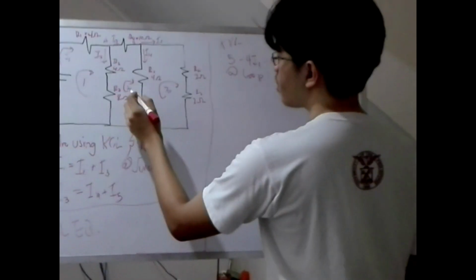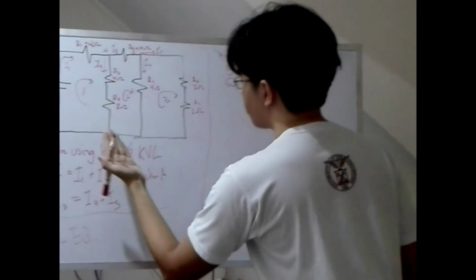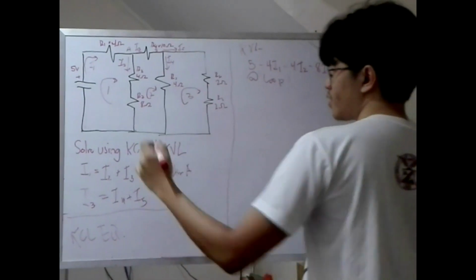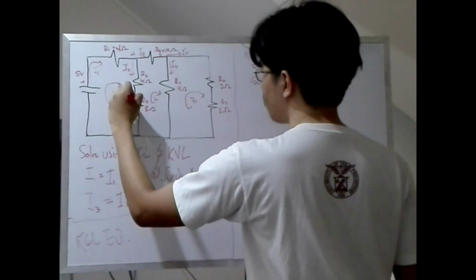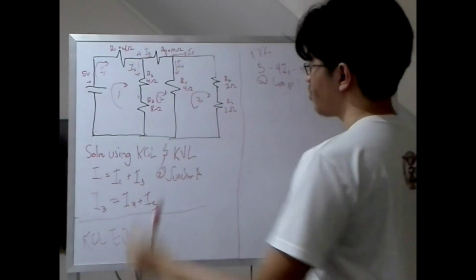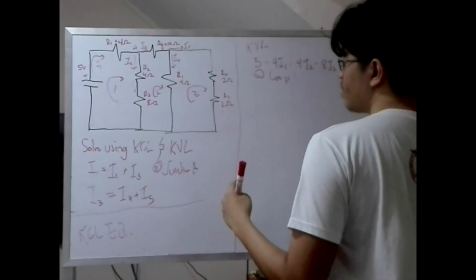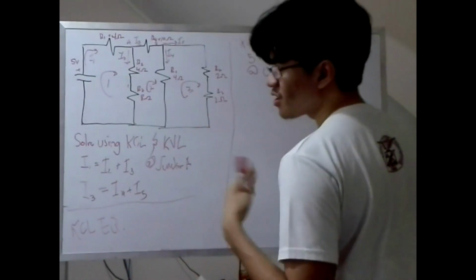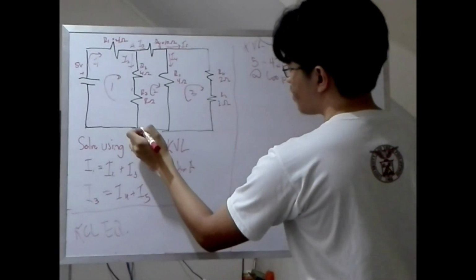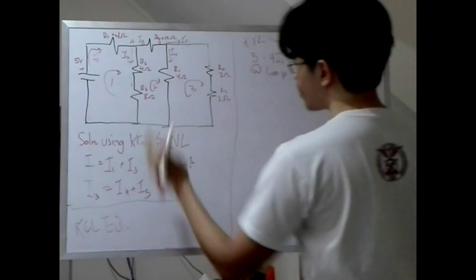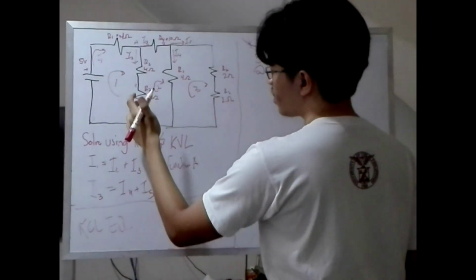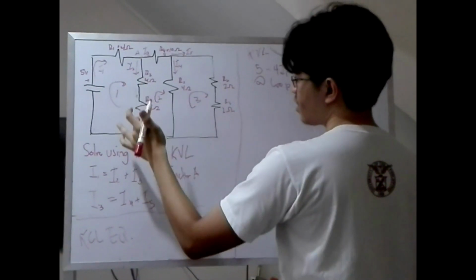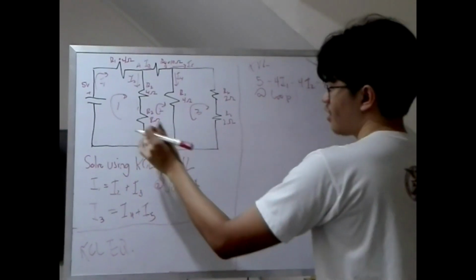For loop 2, we're going to start from here, opposite to the direction of the current. That's why it's going to be positive, because whenever you're analyzing and the load is in the same direction as the current, it should result in a voltage drop, because it sucks voltage. So if you go in reverse, technically you will gain voltage from down here to up here, because it hasn't crossed the load yet.